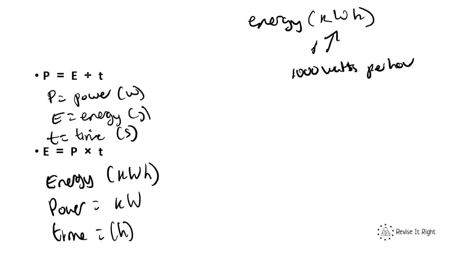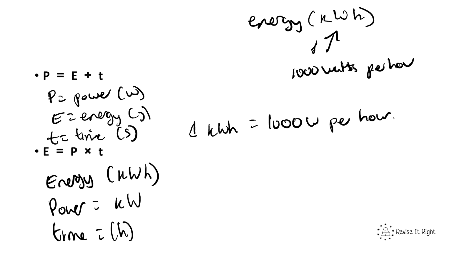The kilowatt per hour is a convenient unit of measure when talking about electrical energy in a household. This is because a household uses a very large number of joules. So 1 kilowatt per hour is equal to 1,000 watts per hour, as we just said.